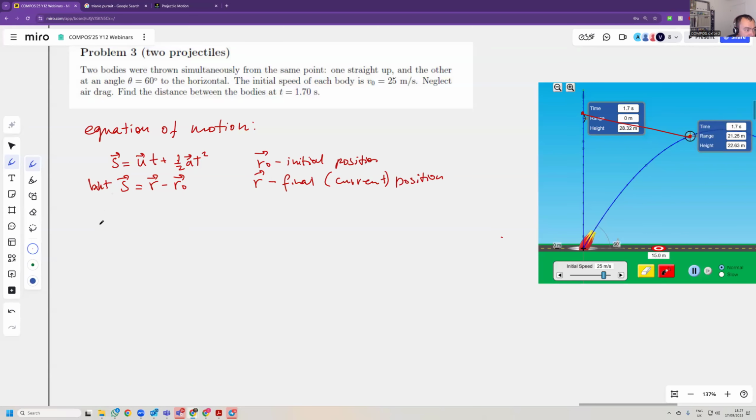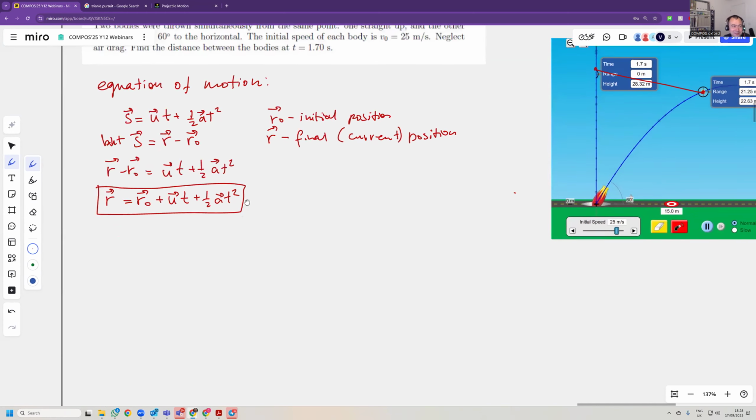So I'm going to write this as R minus R0 equals ut plus 1/2 at squared. And then R is equal to R0 plus ut plus 1/2 at squared. And that's the equation of motion of a particle moving with constant acceleration.